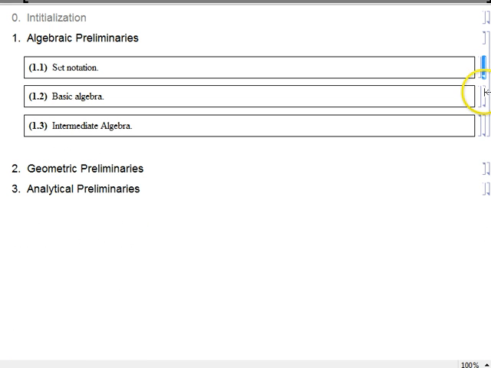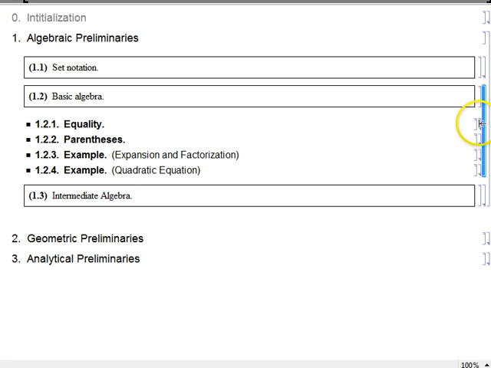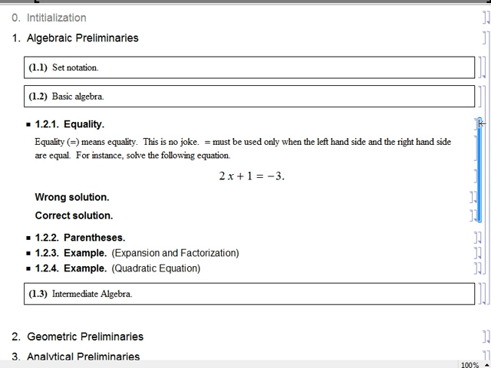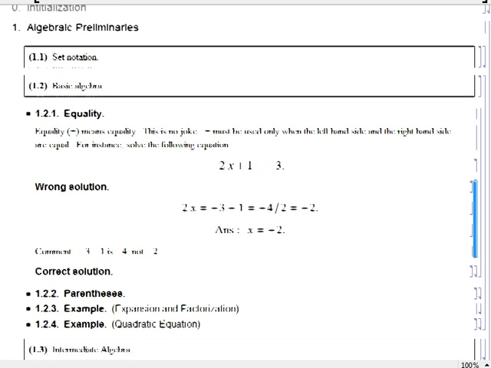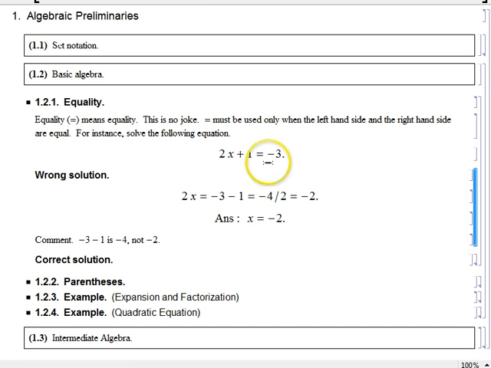Okay, let's go over some basic algebra. Equality literally means equality. That's no joke. I've seen some mistakes like this, even at the calculus level, believe it or not. 2x plus 1 equals negative 3, so flip this one to the other side and get negative 4.